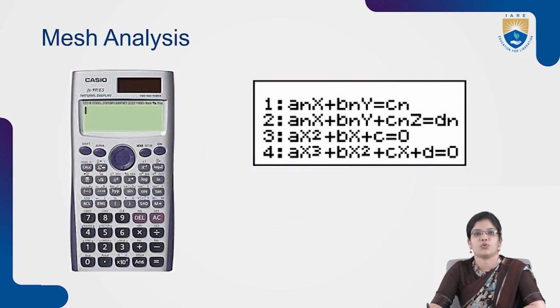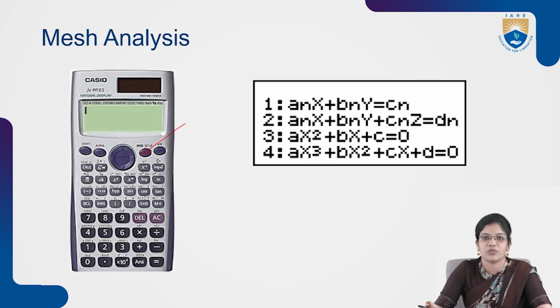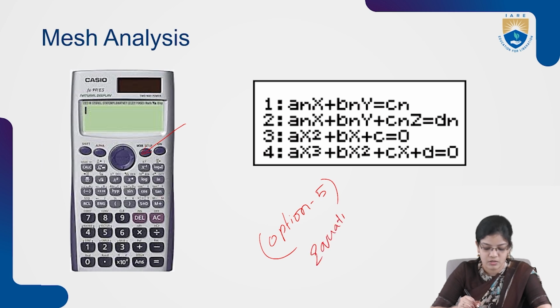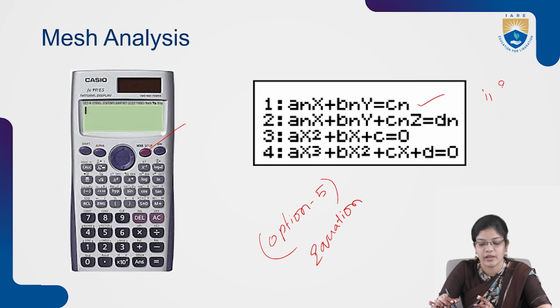I have already shown you in the last video, this is the scientific calculator. In this we go to mode setup, and then select option 5, which is equation. Depending upon the meshes we have, if we have two meshes, we select the first option, substitute the values in the equation, and find I1 and I2.